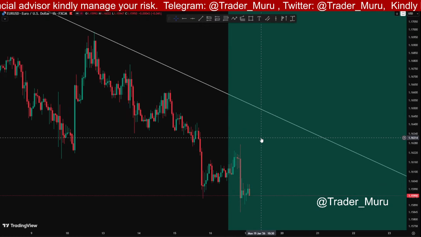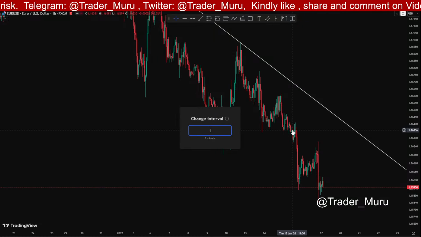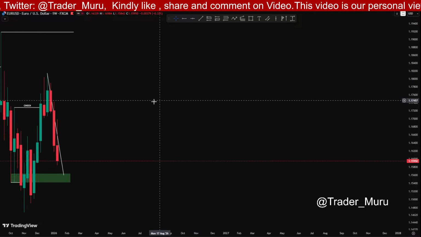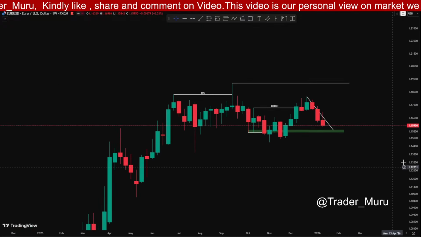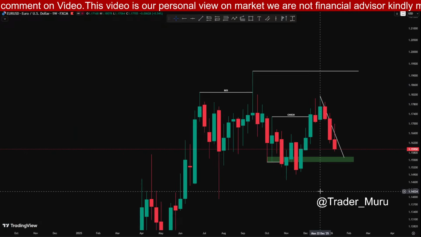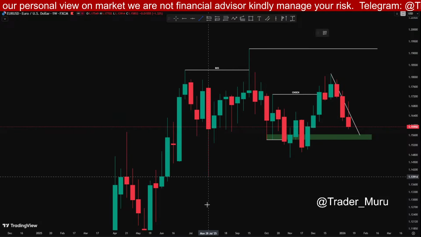Now it's time for euro, and in euro this is our weekly time frame. In weekly time frame, we are expecting euro to pump again from this green zone. This is a liquidity hunt and this is again a low.